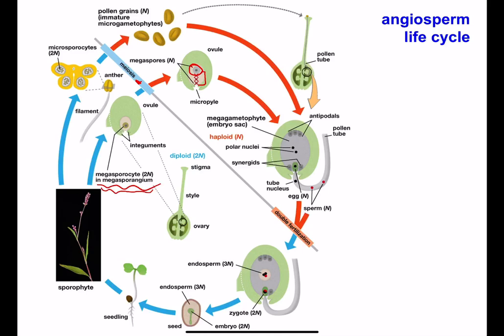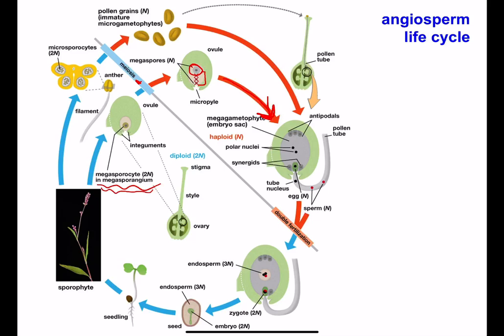That one is going to undergo mitosis. What I like about this diagram is that the one surviving megaspore is gray, and the embryo sac is gray too, because it literally is derived from that one surviving megaspore. The megagametophyte, all 7 of those cells, all 8 of those nuclei, are derived from that one megaspore that survived.